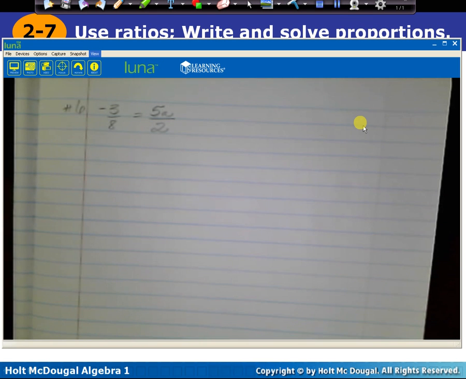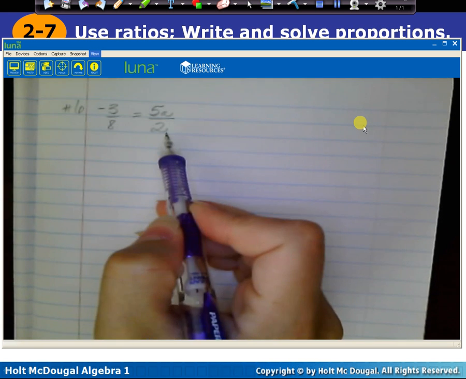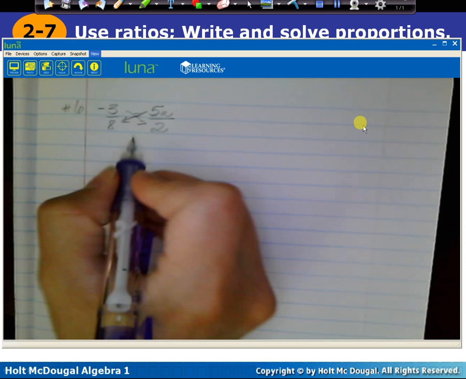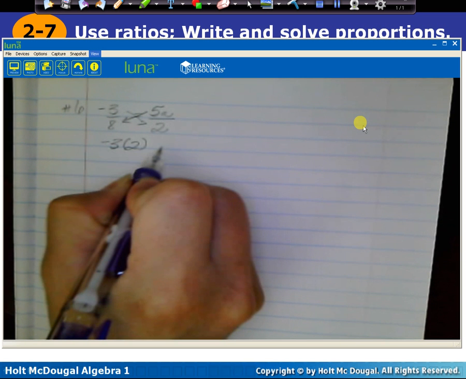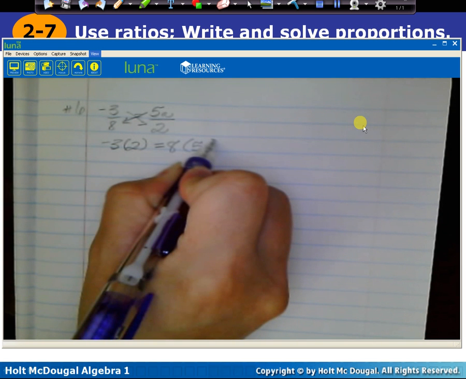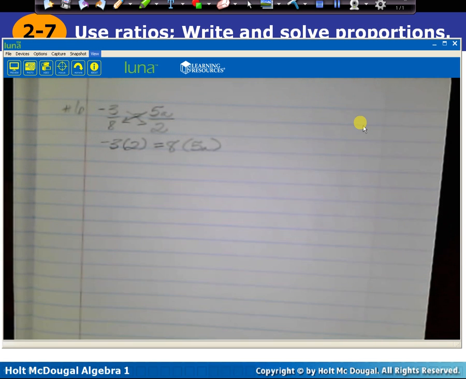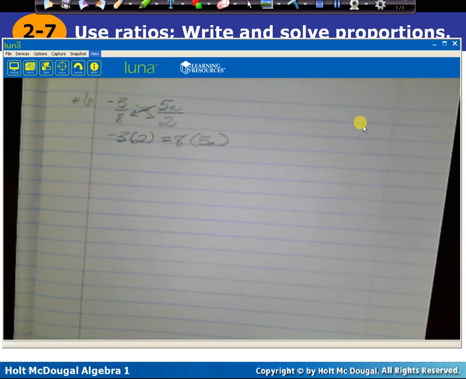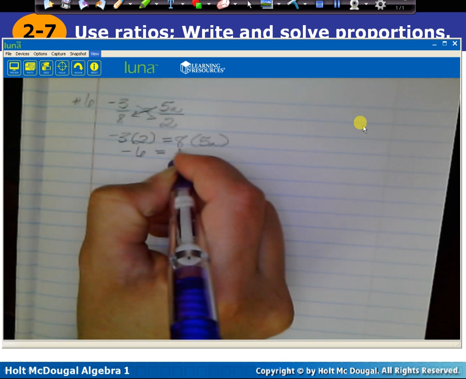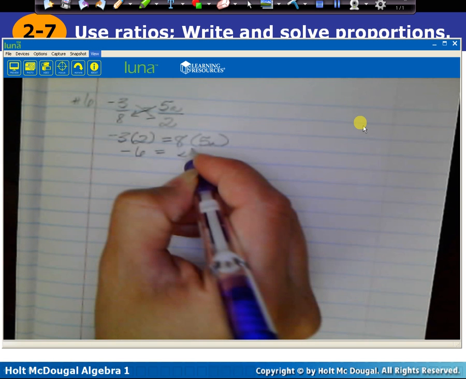All right, let's take a look at number 6 on paper. Go ahead and get this problem down. It is negative 3 over 8 equals 5a over 2. We're going to cross multiply, and we're going to have negative 3 times 2 equals 8 times 5a. And again, our variable is going to be inside our parentheses here. When we multiply this out, we get negative 3 times 2, which gives us negative 6, and 8 times 5a gives us 40a.